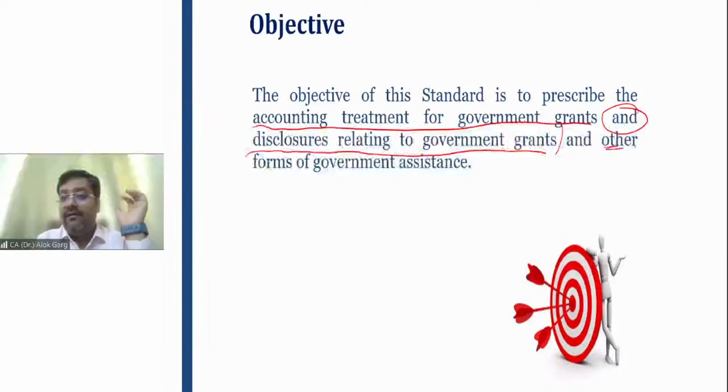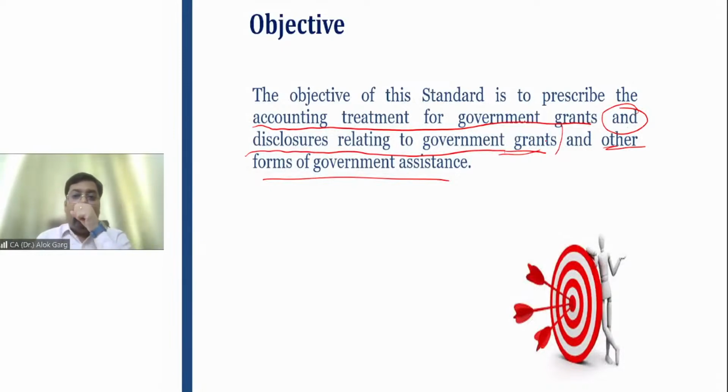And other forms of government assistance. But as far as government assistance is concerned, this standard only talks about the disclosure of government assistance, right? Is that clear? So as far as government grant is concerned, accounting and disclosure both are there. As far as government assistance is concerned, only disclosure is there.